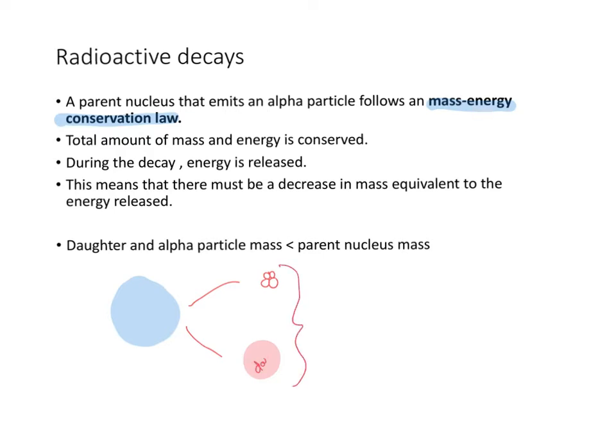So this is the daughter nucleus. Since they have kinetic energy, they have less mass. So we're conserving the energy here. Their mass is less than the parent nucleus, since energy has been released in the form of kinetic energy. And then this is your parent nucleus.